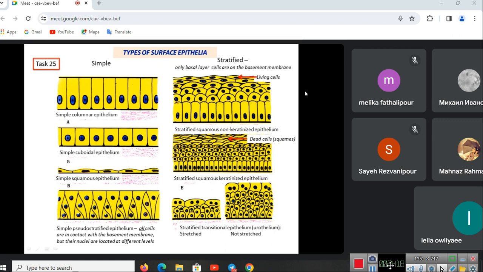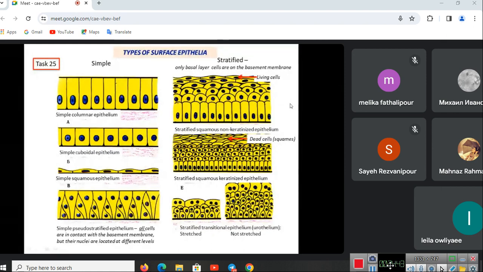Next, in stratified epithelia, only the basal layer of cells lies upon basement membrane, and here we have three types of stratified epithelia. First one, stratified squamous non-keratinized. Next, stratified squamous keratinized. And stratified transitional epithelium.